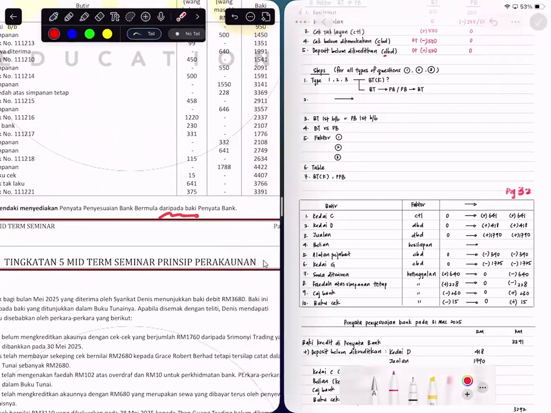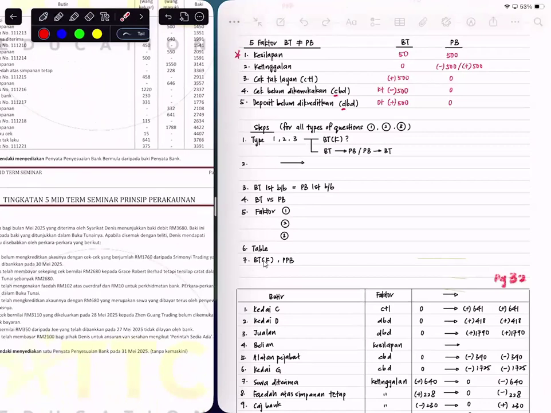It means you need to start your correction from Penyata Bank. "From" means starting from, right? If you start by Penyata Bank, that means your Penyata Bank is wrong. Buku tunai is the one correct. If buku tunai is correct already, how come you need to prepare buku tunai kemas kini? No need lah. So we find out it is a third type of question.